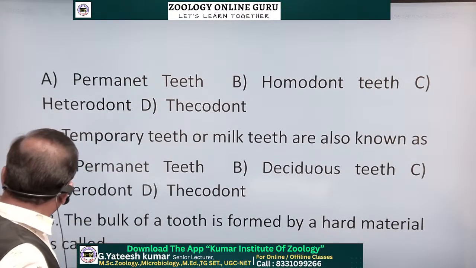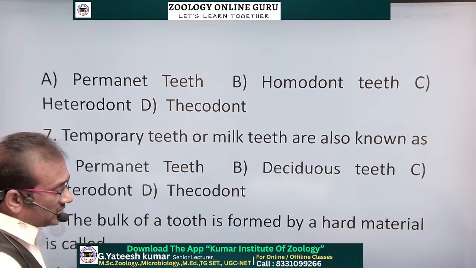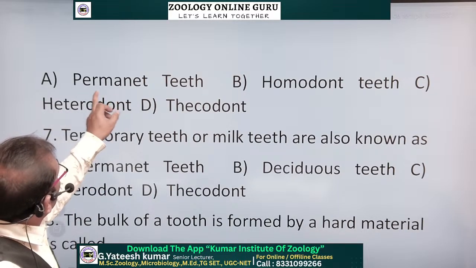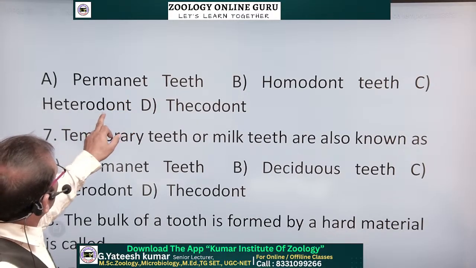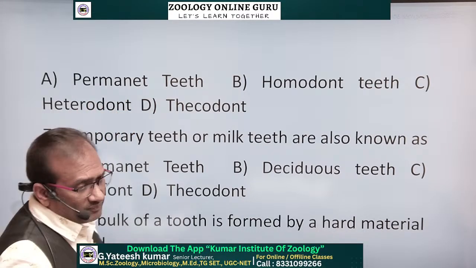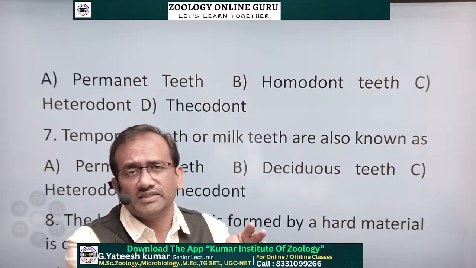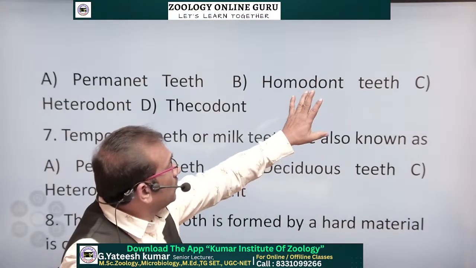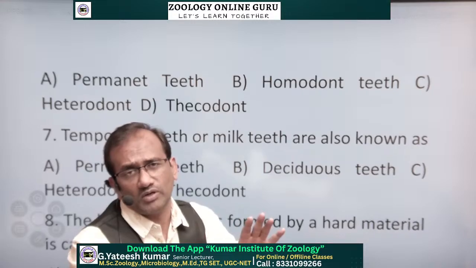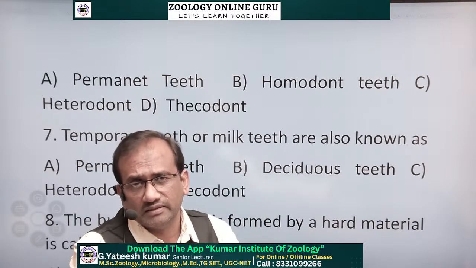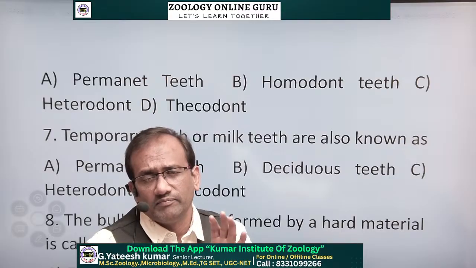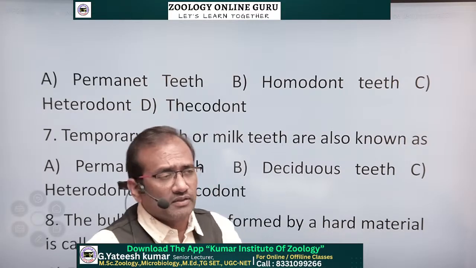Heterodont means 4 different types: incisors, canines, premolars, molars. Homodont means all teeth look the same, but in our body we have heterodont teeth.